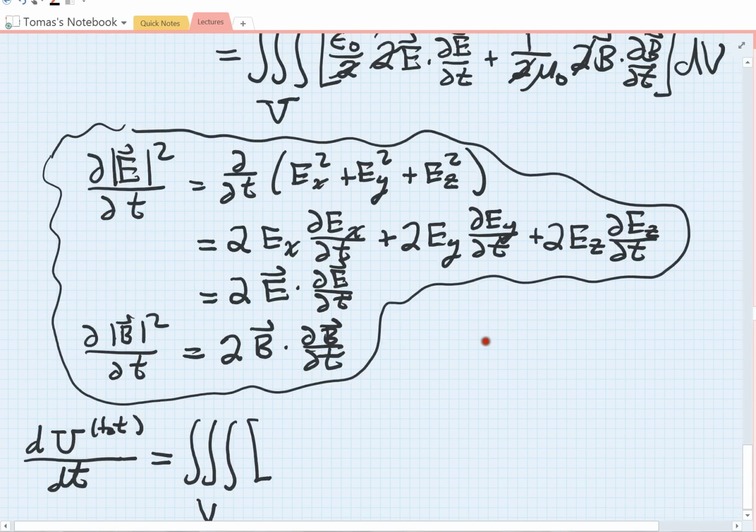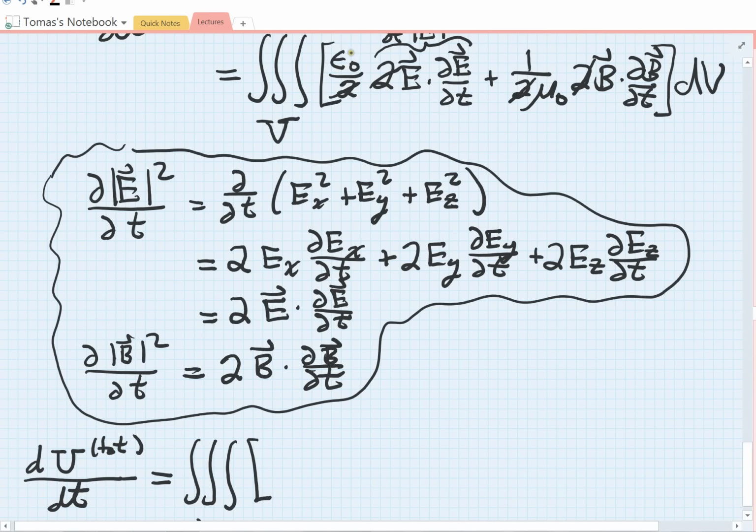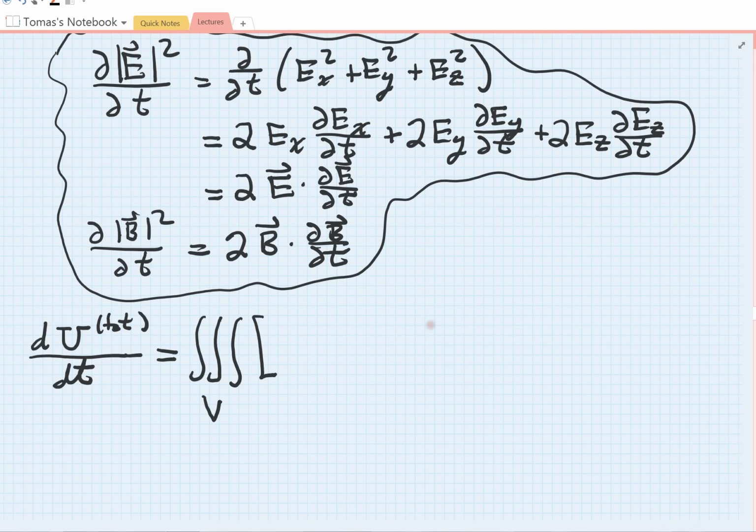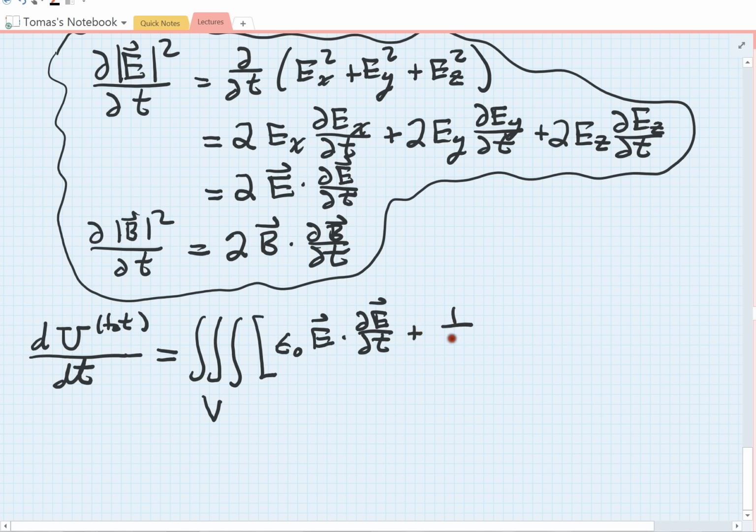And the terms involve epsilon naught, the electric field times the time derivative of the electric field. And then the next term has 1 over mu naught, and the same structure, the magnetic field times the time derivative of the magnetic field.